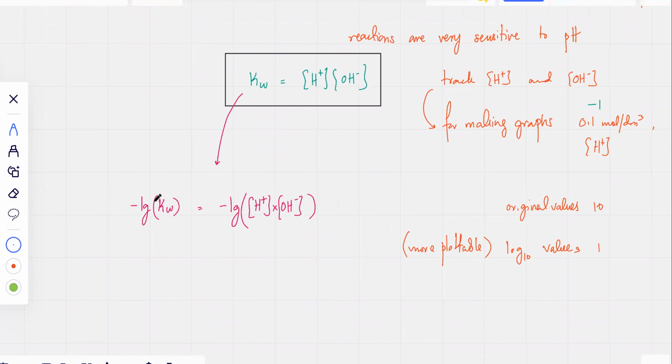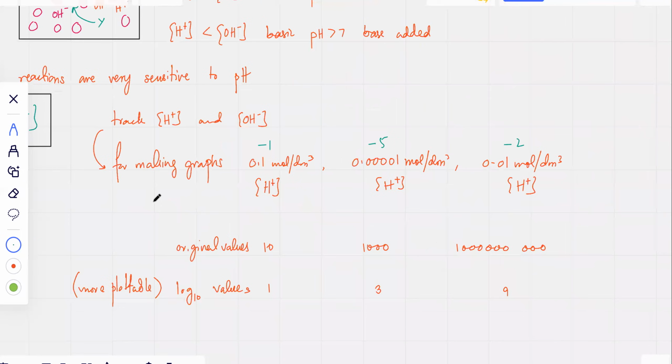Is that point clear? It's a simple point that concentrations are usually in decimals. So whenever you take log, you get negative values, right? If somebody is plotting the graph of the concentration of H plus ions and taking the log, he gets -1 one day, -5 on another day, -2 on another day.